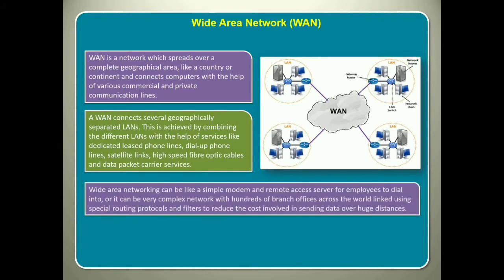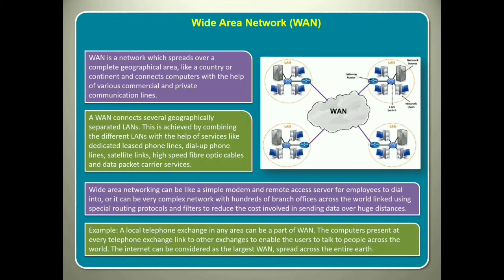Wide area networking can be like a simple modem and remote access server for employees to dial into, or it can be a very complex network with hundreds of branch offices across the world linked using special routing protocols and filters to reduce the cost involved in sending data over huge distances.